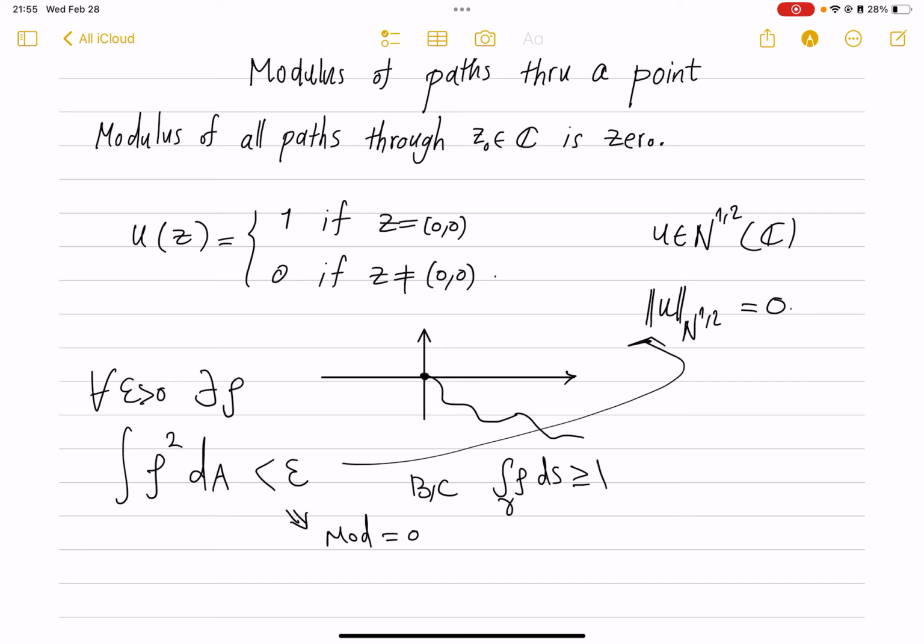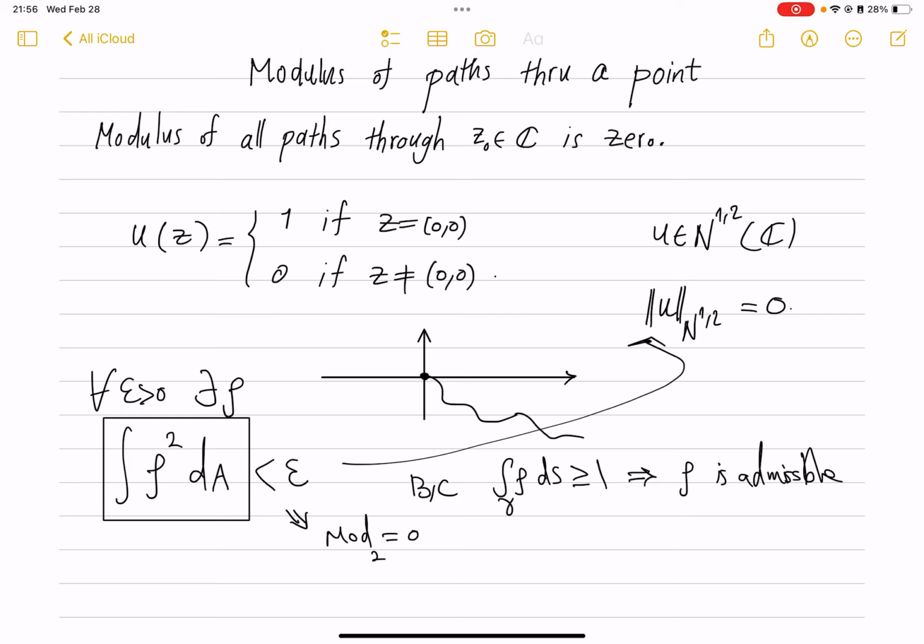So for every gamma from the family of paths going through the origin, this integral is at least 1, which means that rho is admissible for calculation of modulus, and the modulus is the infimum of L2 energies. We're talking about modulus 2 to be precise.